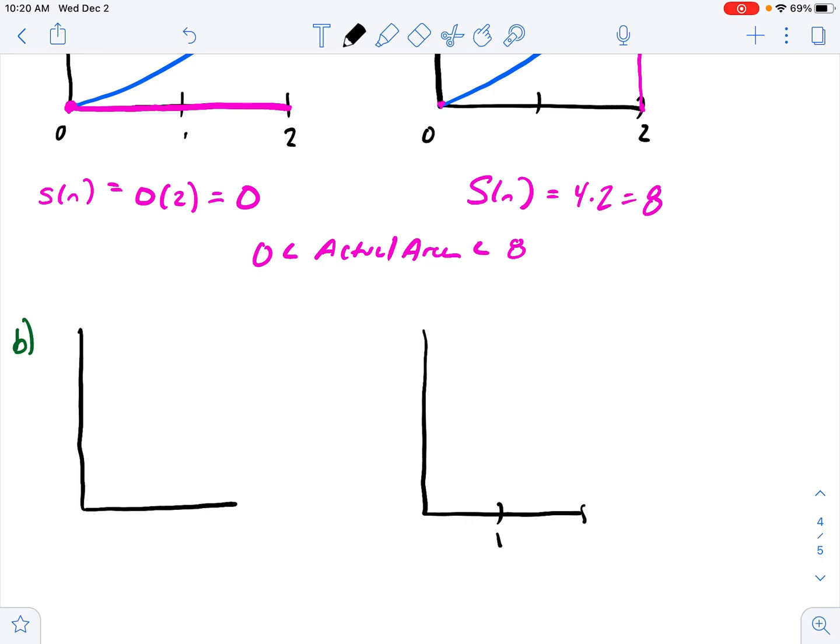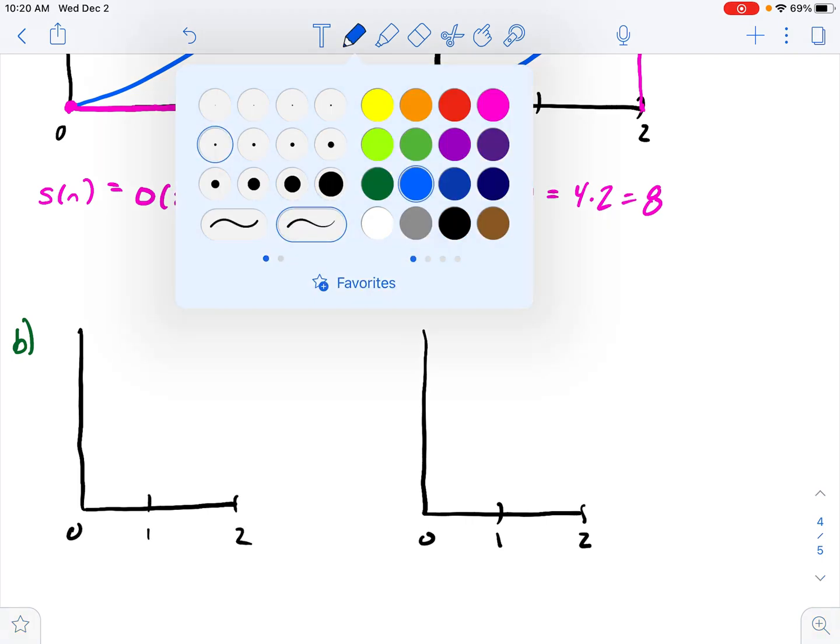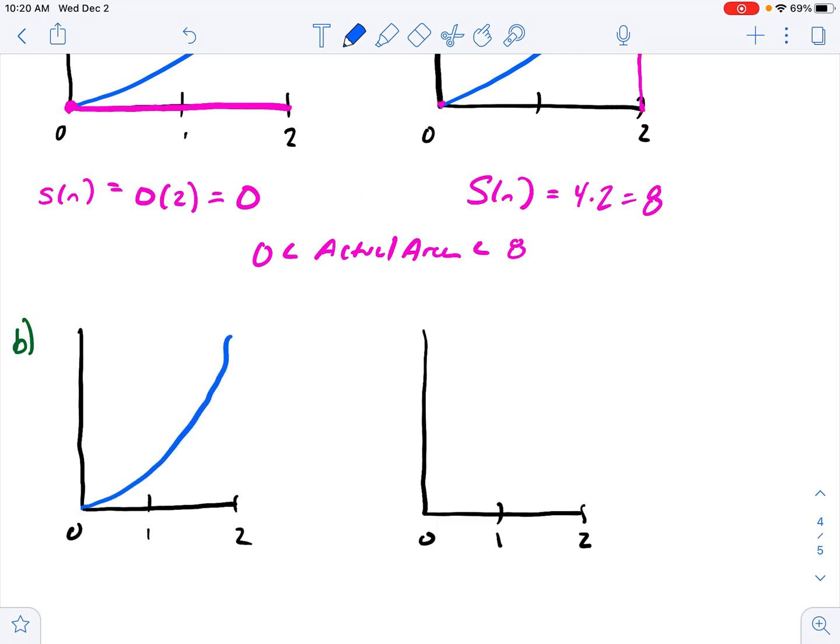So again, I'm just going to set up the visual here. Okay, so delta x, b minus a over n, in this case 2 minus 0 divided by two rectangles, is 2 over 2, which is 1.